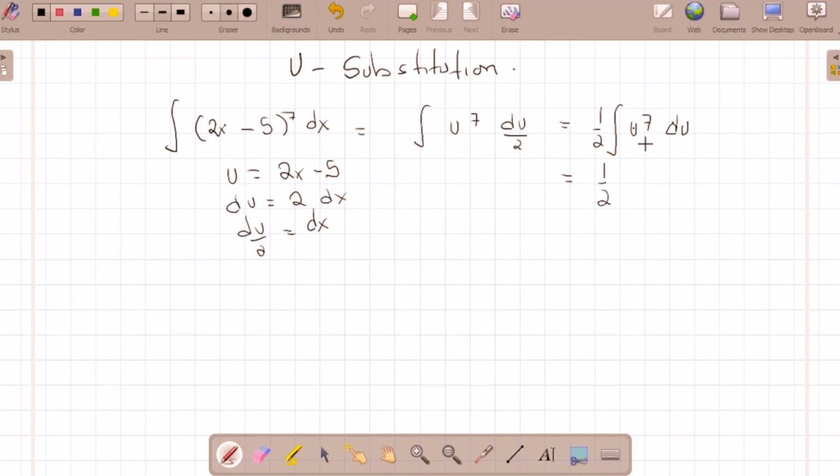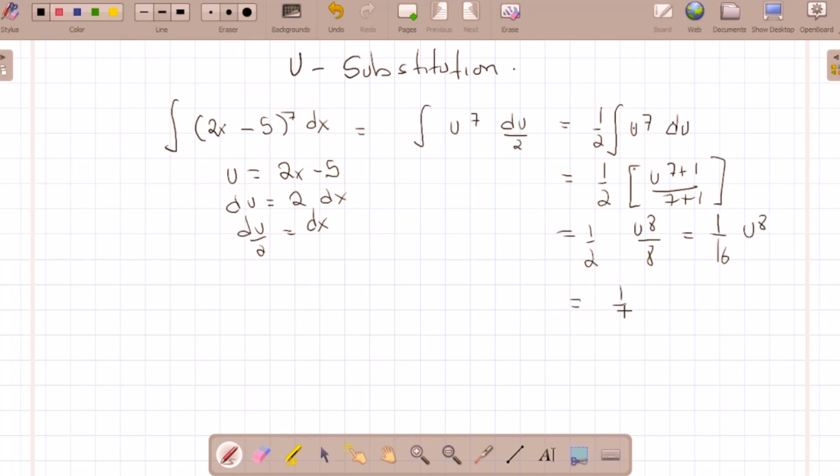Now the integral of u to the power of 7 is u to the power of 7 plus 1 over 7 plus 1. U to the power 7 plus 1 is u to the power 8 over 8. Now this is 1 over 16 u to the power 8.